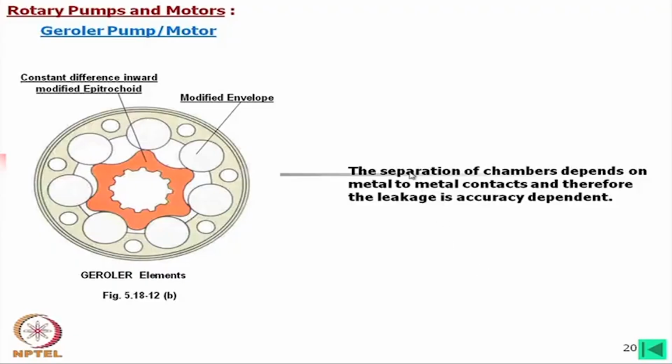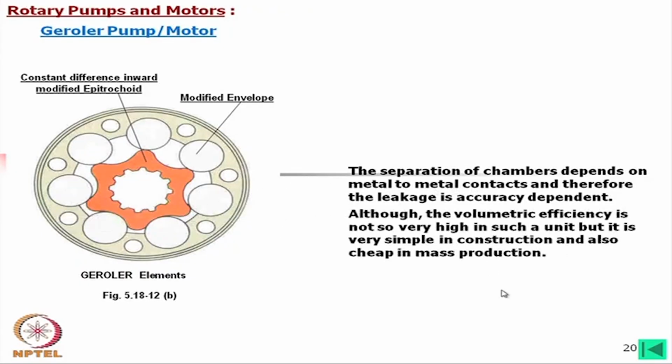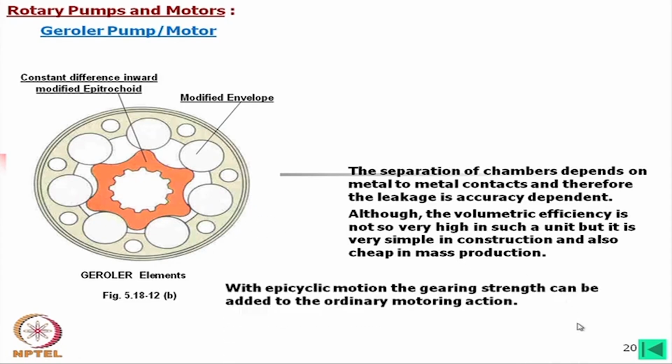Now, I have already discussed this; it is a metal to metal contact. The only disadvantage of such machines is the leakage; otherwise they are very simple in construction and not very expensive either.